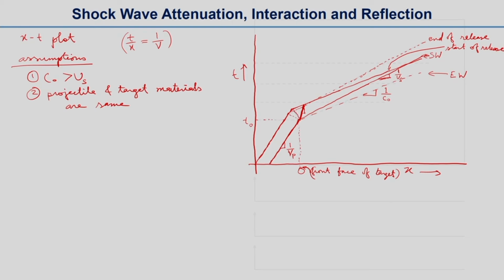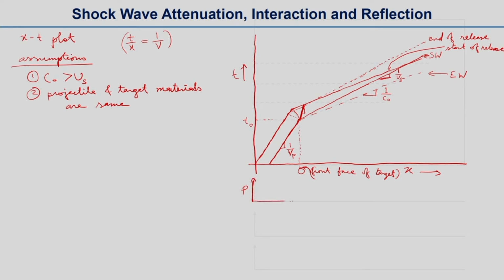We only focus now on how these waves progress successively, whatever straight lines we have drawn: first is elastic wave, then shock wave, and then start of release and end of release. With that we want to draw some pressure versus distance plot, which will give you the pulse shape.